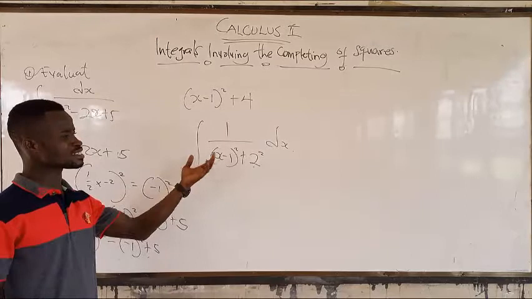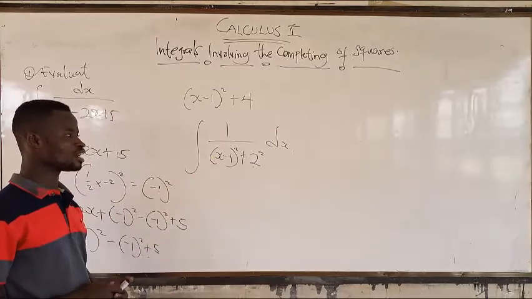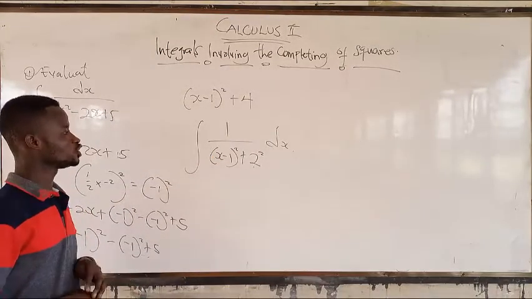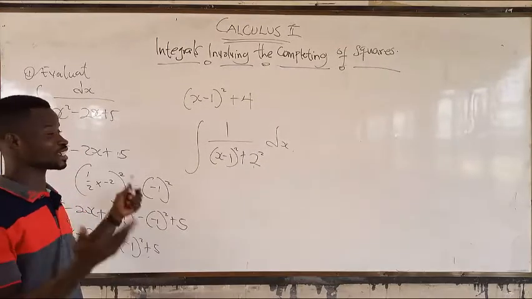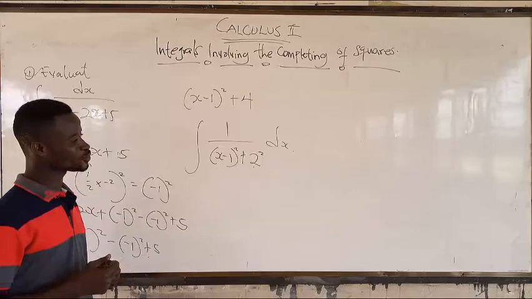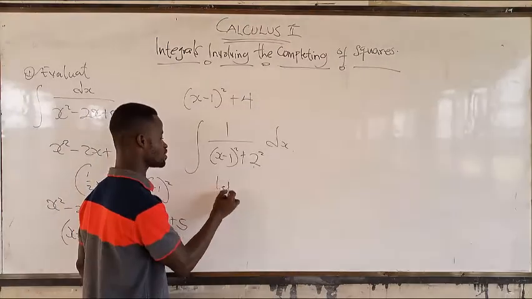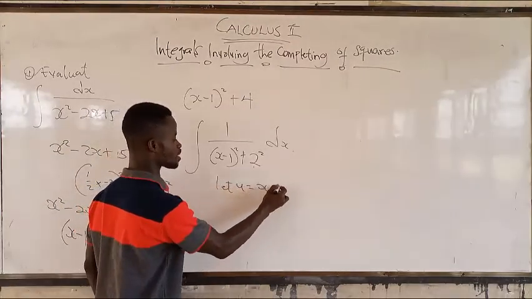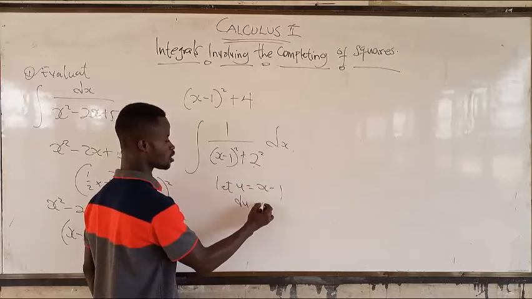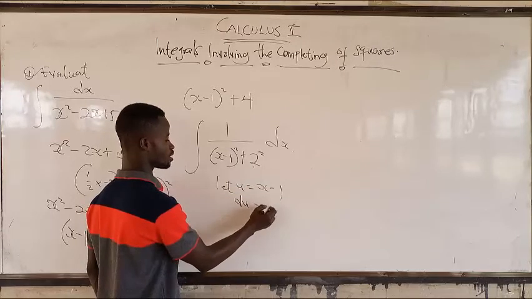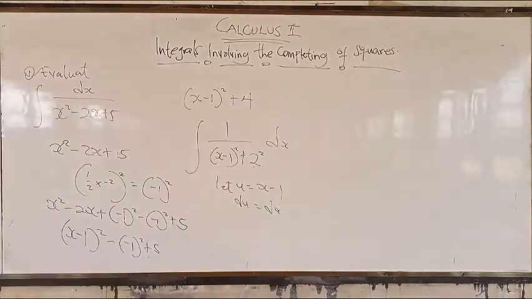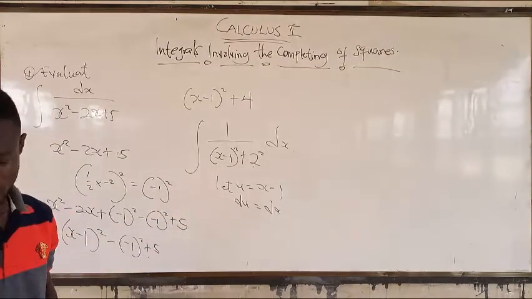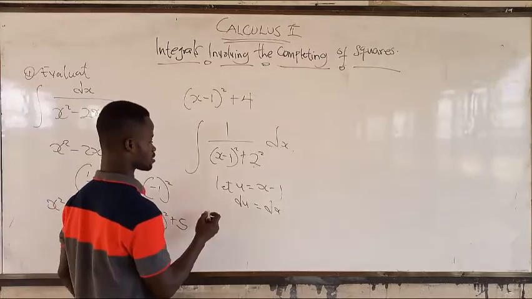I hope you can see that this is in the form of something that you know already. In case you have forgotten it, I don't want to just bring it like that. Let's go through it. So here we let u be equal to x minus 1. du is equal to ds.